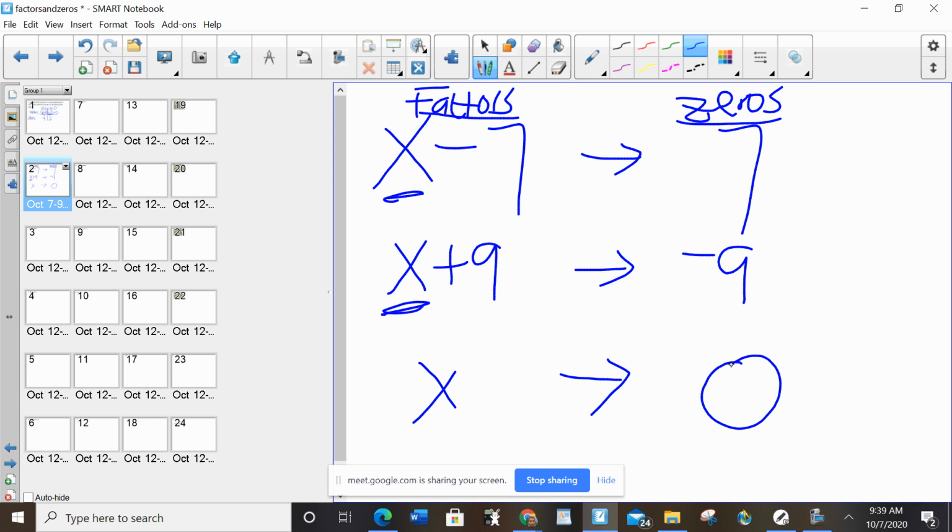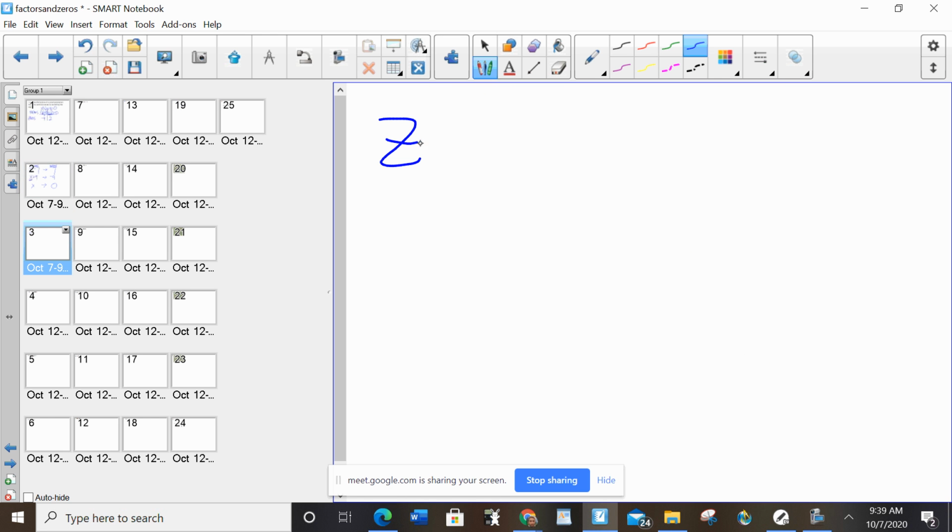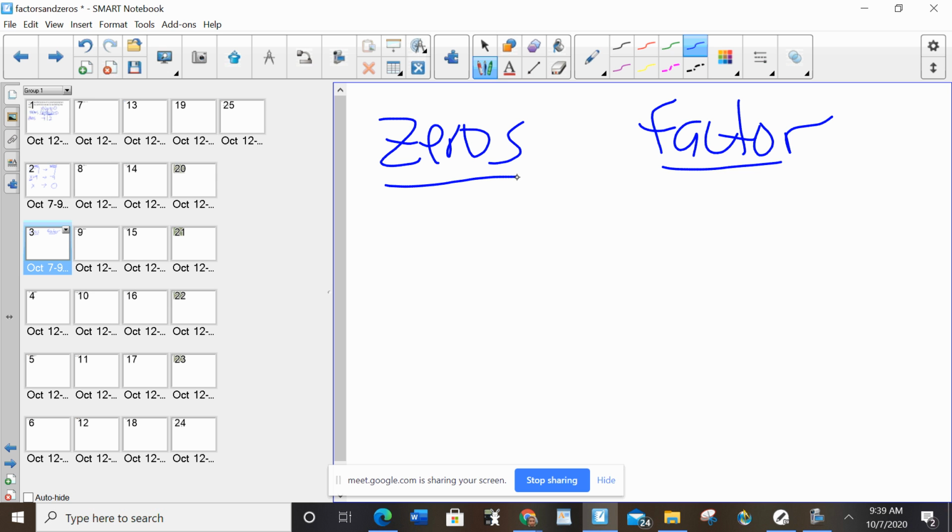Now, let's go in the other direction. And again, this isn't on your sheet anywhere. This is just talking about it. If my 0 is 2, to find my factor, I'm changing the sign, but make sure that your factor has an x. It's x minus 2.